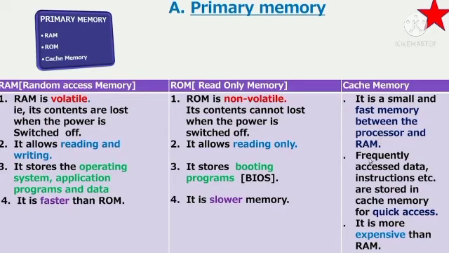We have learned about registers, and there are also some CPU caches. There is also one case of cache memory, but normally it is placed between the CPU and the RAM. Okay, for the frequent access of data and instructions needed by the CPU quickly, we use cache memory. It is more expensive than RAM.